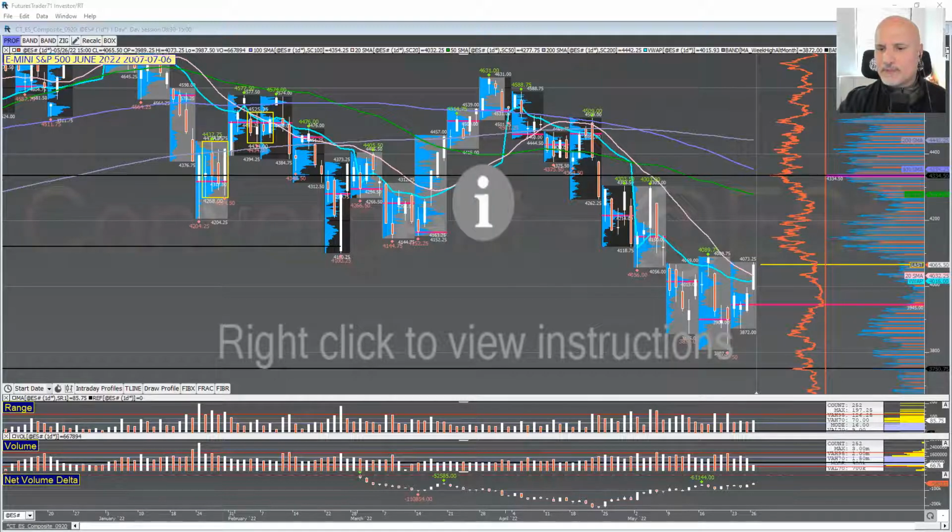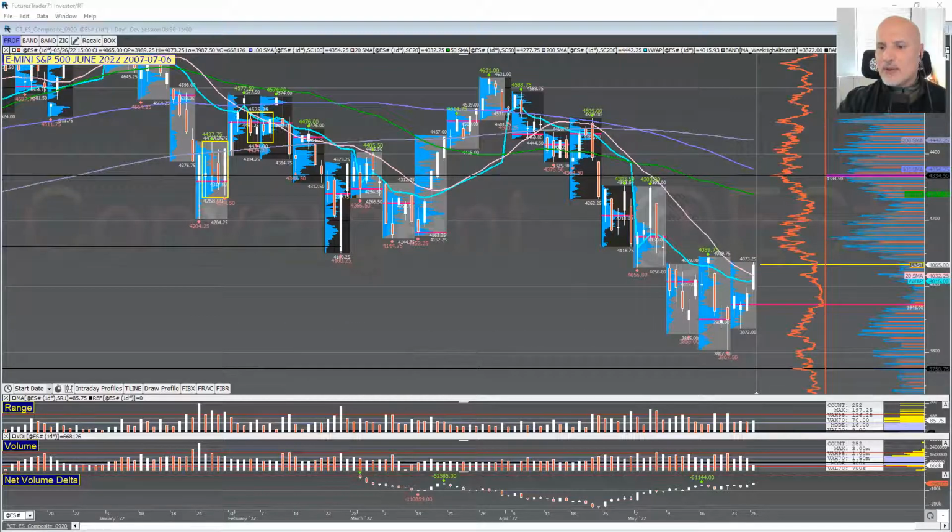Boom. Okay, let's lock that baby in. So I want to highlight that I'm looking at 8:30 to 3 p.m. Chicago time. So that's 9:30 to 4 p.m. Eastern time. So each bar represents the stock market session.